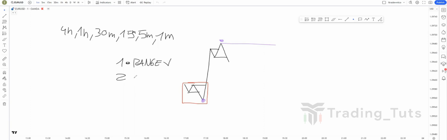Second thing is to find our key level. To find our key level, we're gonna first start from the 4-hour time frame. Right? Always start from the 4-hour time frame. You mark your level up, and you make sure that from the lower time frame it has liquidity above or below.